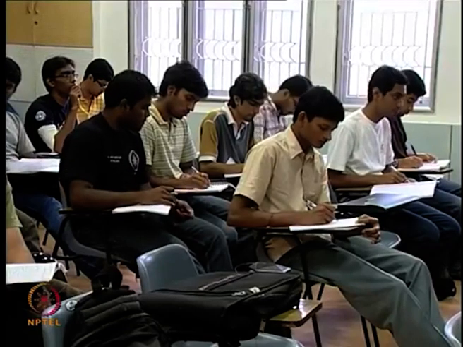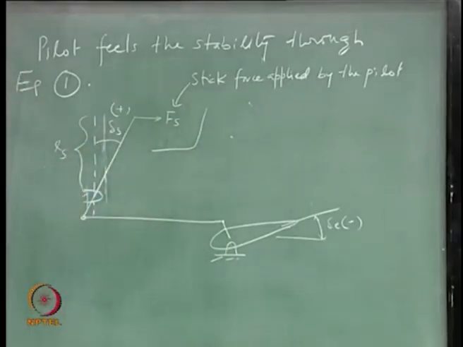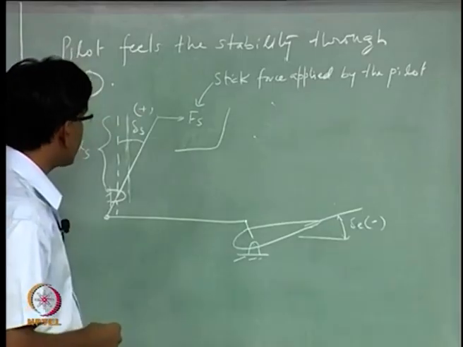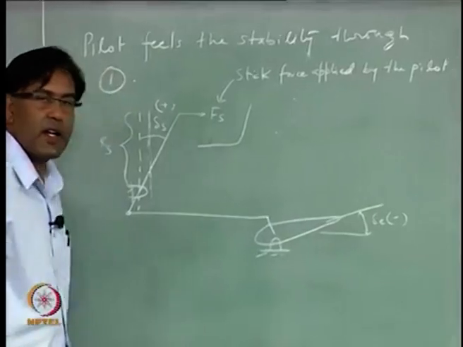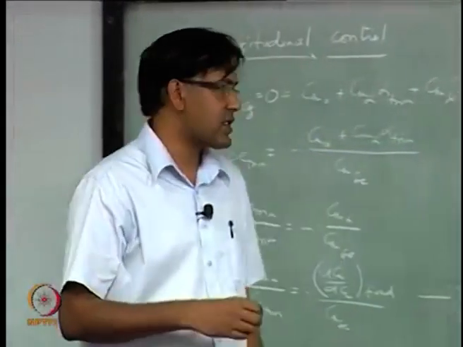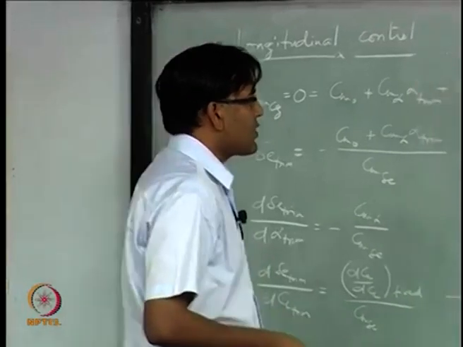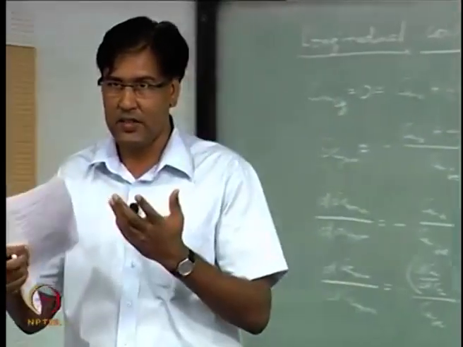So, this pull is a positive force, okay, when the pilot is trying to pull the stick towards himself, that is a positive stick force, and that gives me delta E upward, which is negative. And let us try to find out this force. This force, if the pilot is not applying, someone else or some other mechanism has to do this job, right.